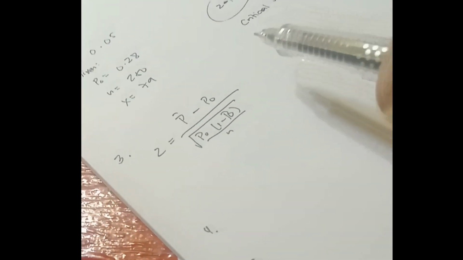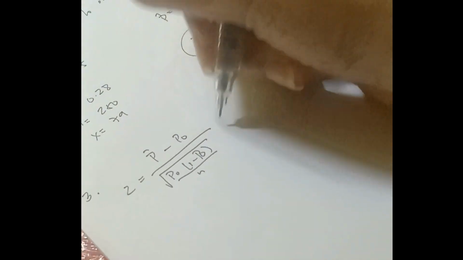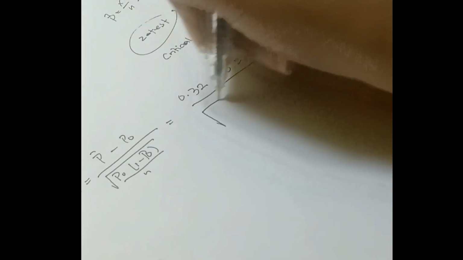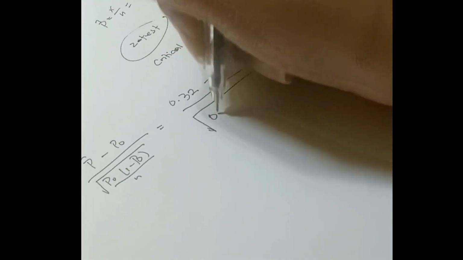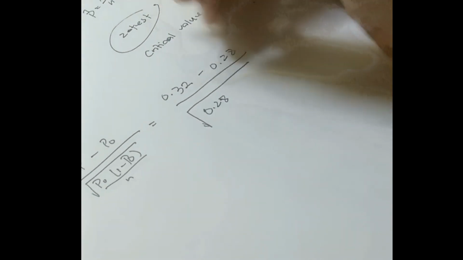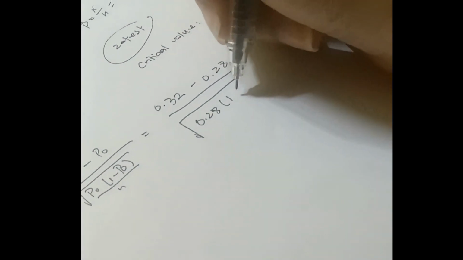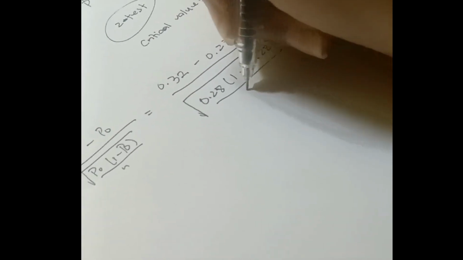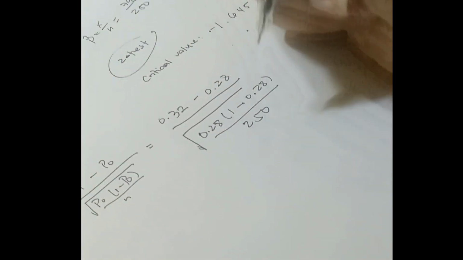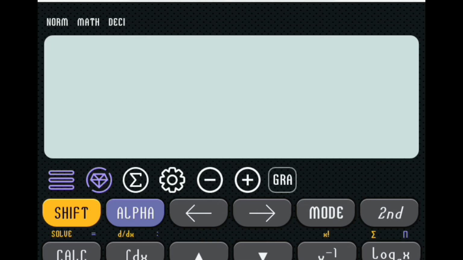So, now, let's move on to the step 3. So, P hat 0.32 minus 0.28 divided by the square root of 0.28 multiplied by the difference of 1 and 0.28 divided by the sample size, which is 250. So, i-input lang natin siya sa calcu.